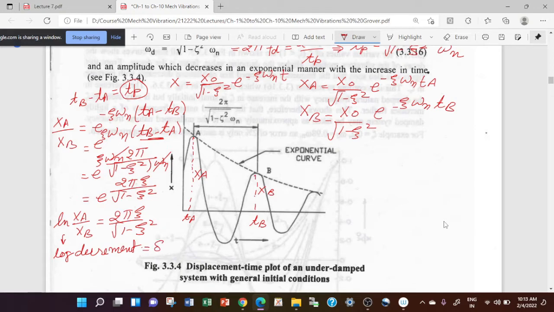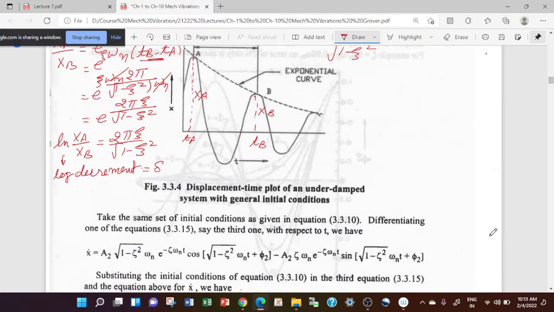So your delta is given by log xa upon xb, which is 2 pi zeta upon square root of 1 minus zeta square.